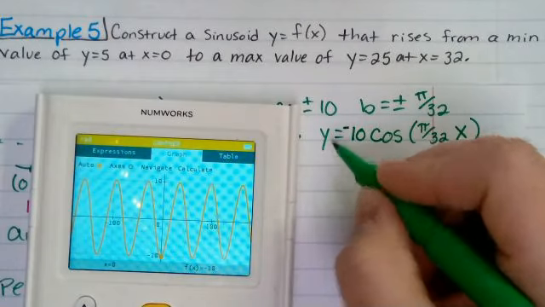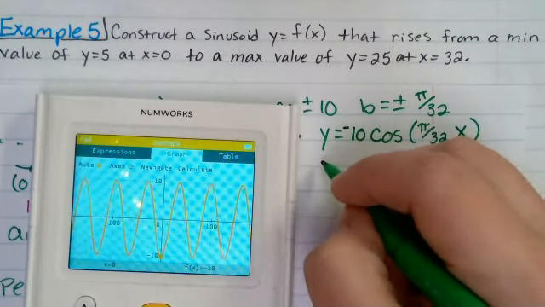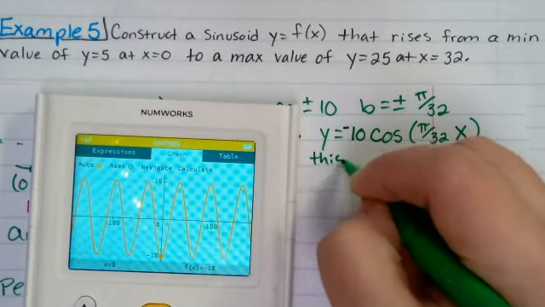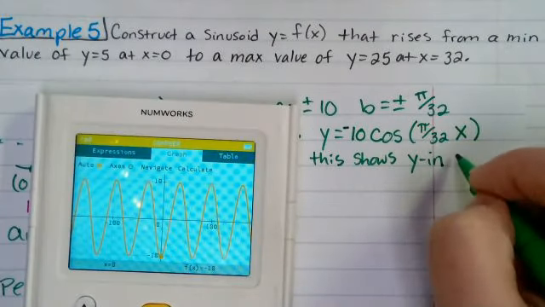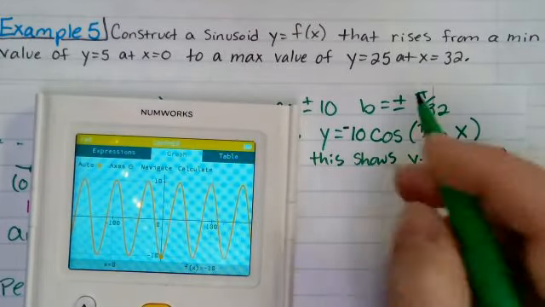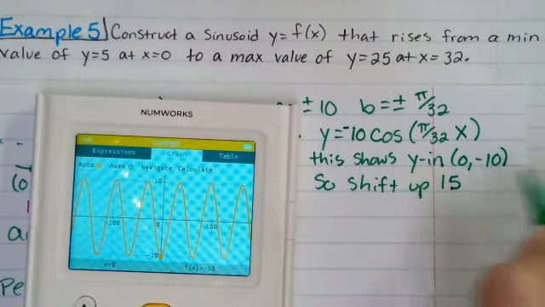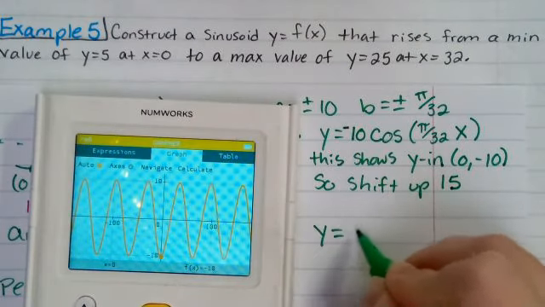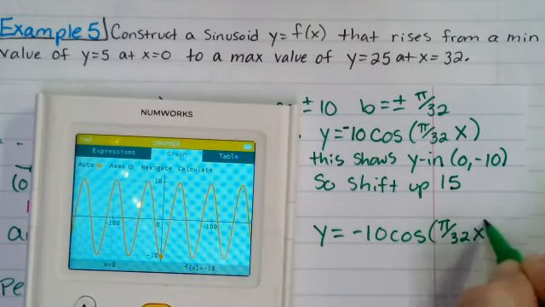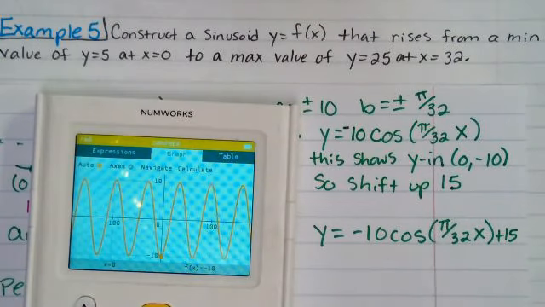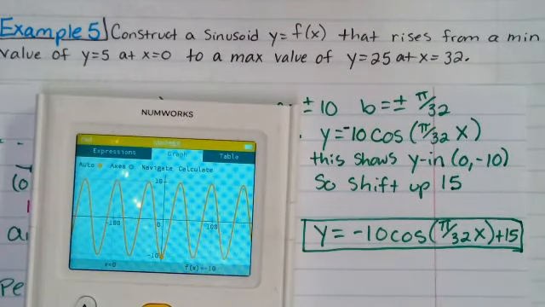As a little side note, this shows a y-intercept at 0, negative 10. So shift up 15. So that equation would instead, this is an easy fix, plus 15 like that. All right, that would work out.